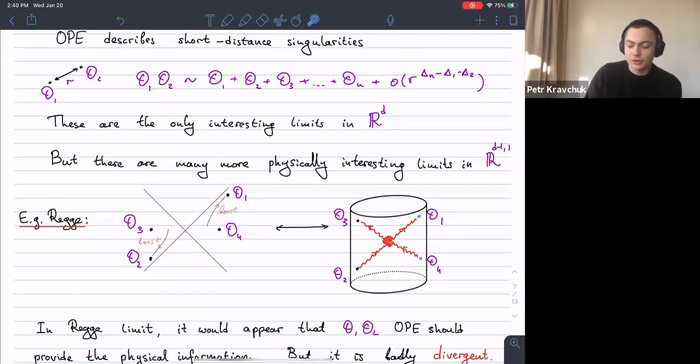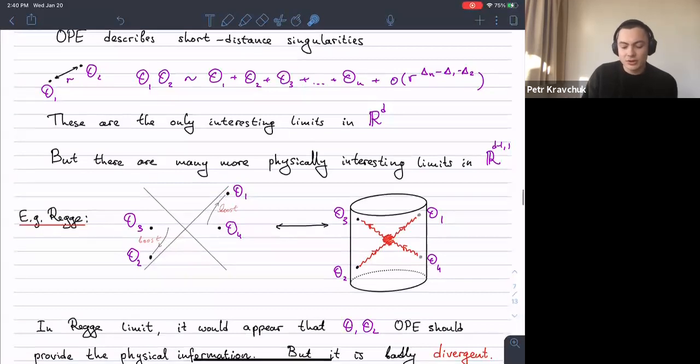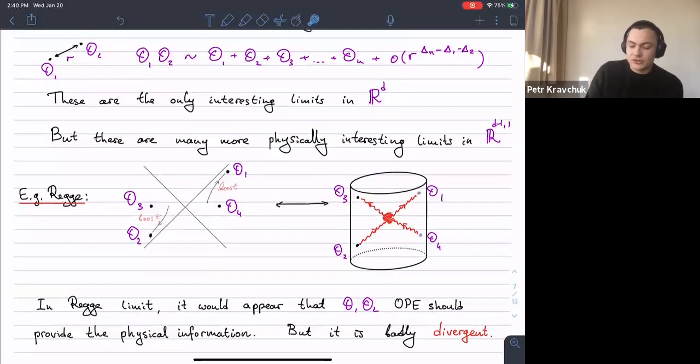In particular, they're almost null separated in this limit. And so naturally, you would assume that to get some leading information about this kind of limit, you would take the OPE between O1 and O2, and you would figure out what is the leading behavior. But it turns out that in this case, this OPE is very divergent.